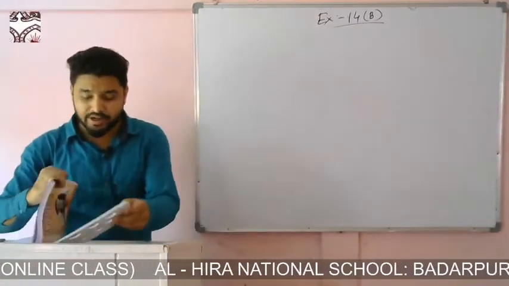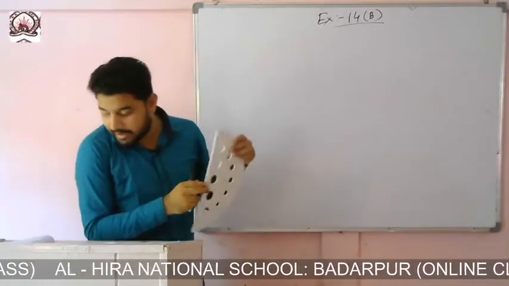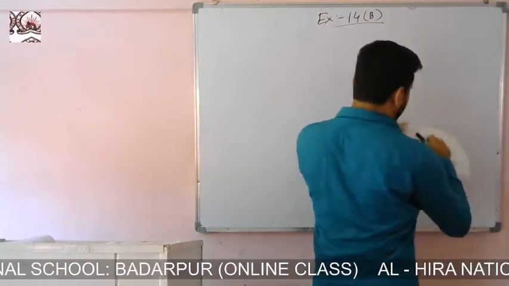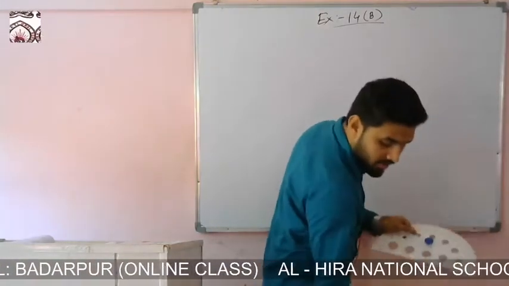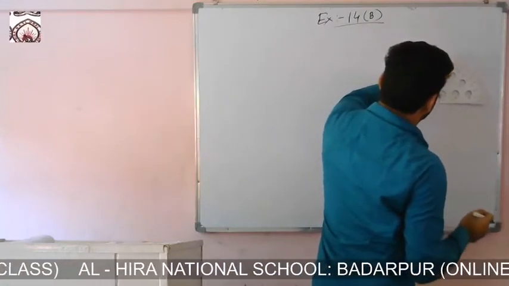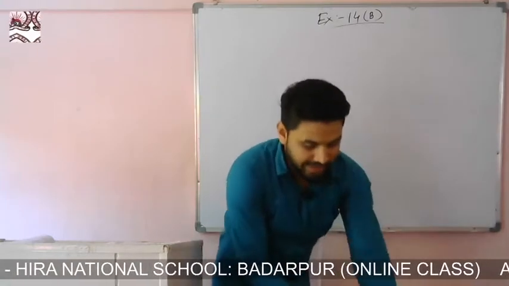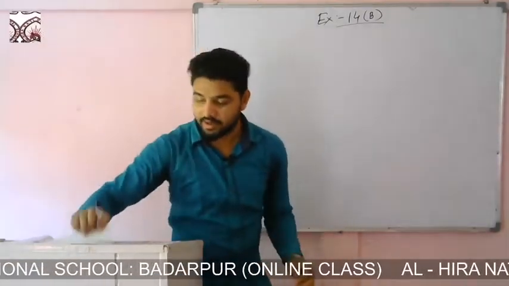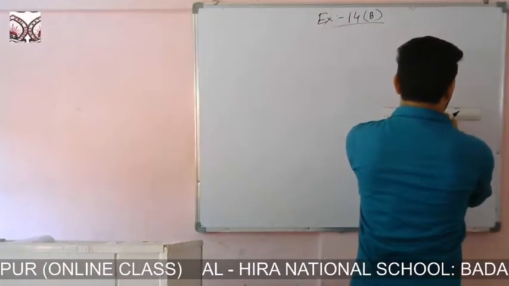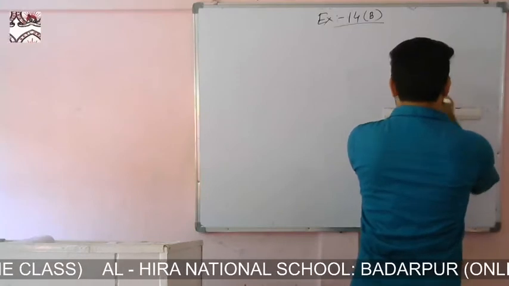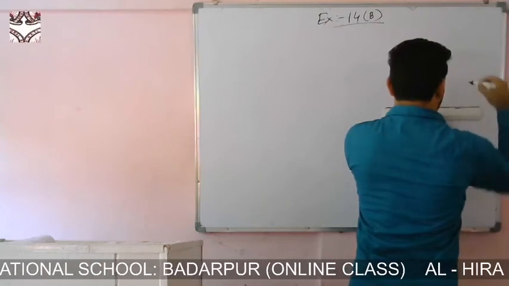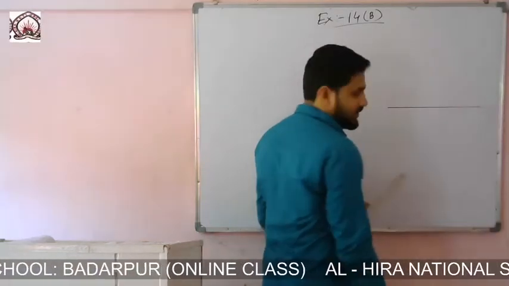First, take your protractor and draw an angle measuring 50 degrees. First you take your ruler and draw a line segment.